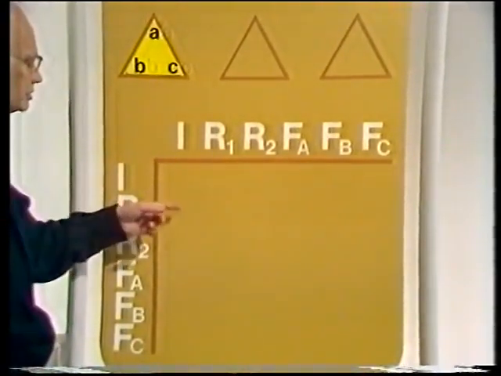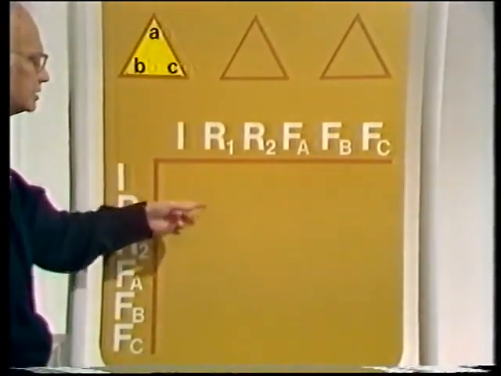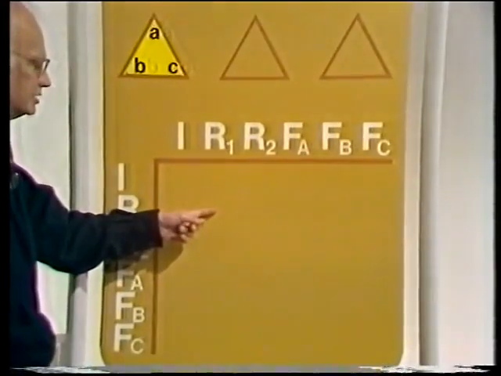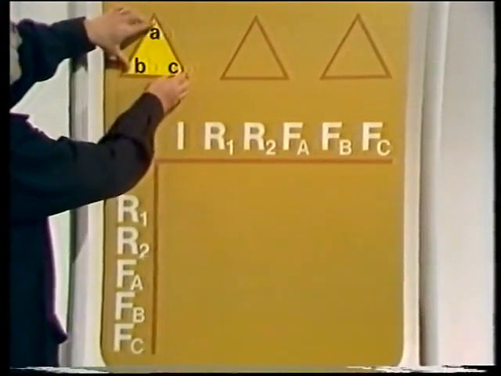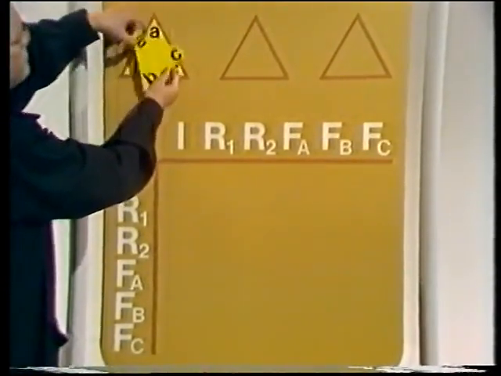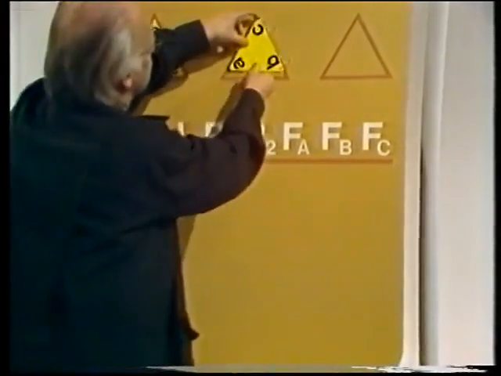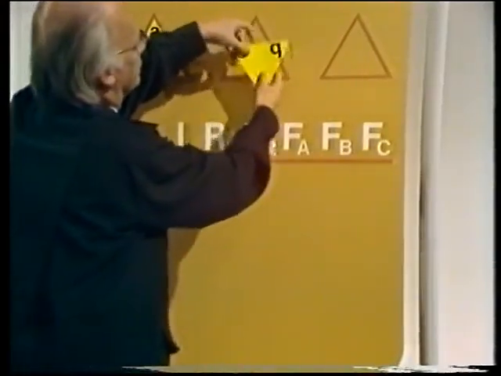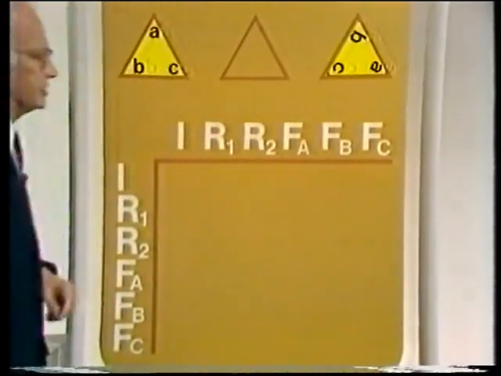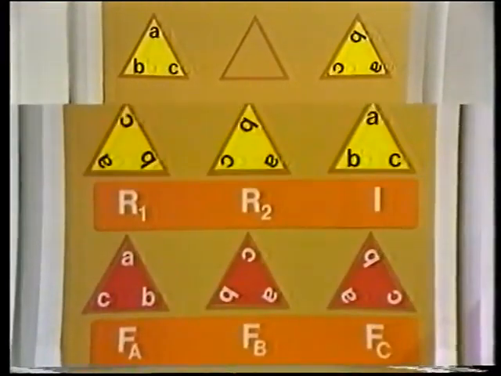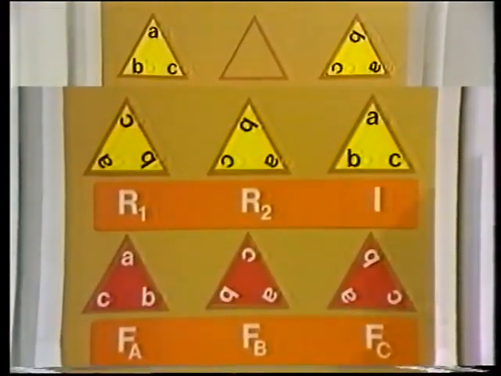The R1 row, well, we've done that one effectively. What goes in there? It's R1, then R1. So let's do it. R1, and then R1 again. There we are. What's that? I reckon it's R2.